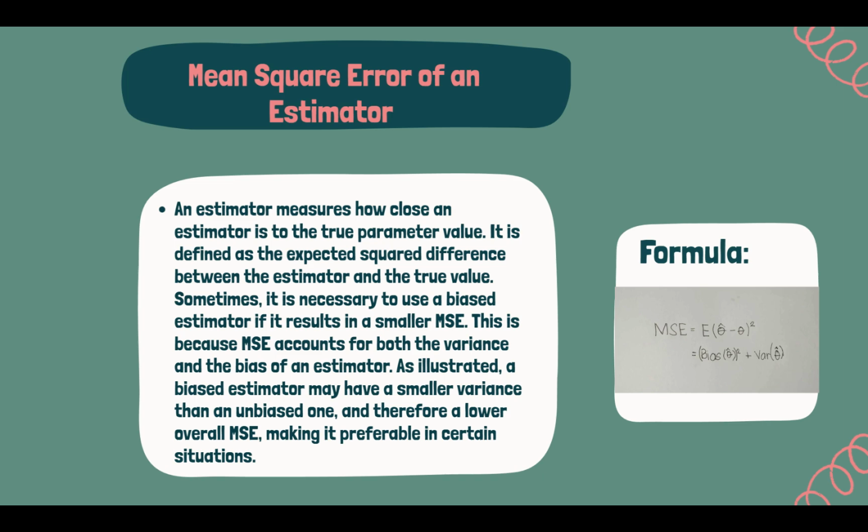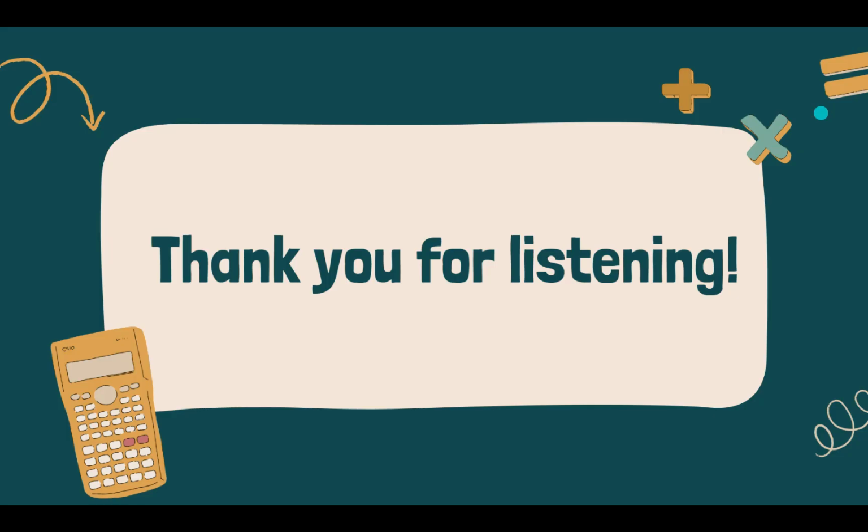This is because MSE accounts for both the variance and the bias of an estimator. As illustrated, a biased estimator may have a smaller variance than an unbiased one, and therefore a lower overall MSE, making it preferable in certain situations. So the formula is MSE equals E of theta hat minus theta, squared. Thank you.